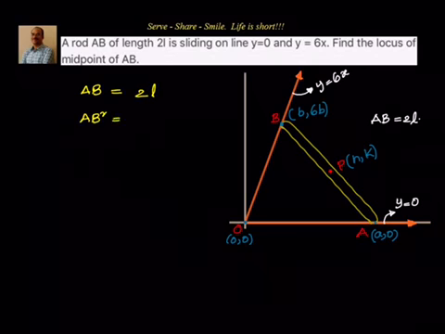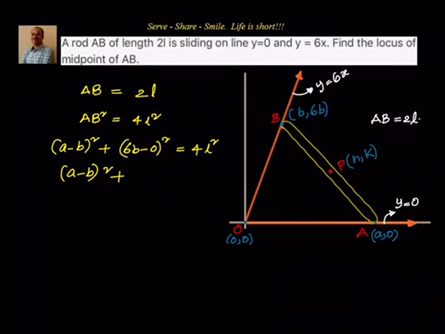When I apply the distance formula, I have a minus b whole square plus 6b minus 0 whole square equal to 4L square. So we have a minus b whole square plus 36b square equal to 4L square. So we got one condition.